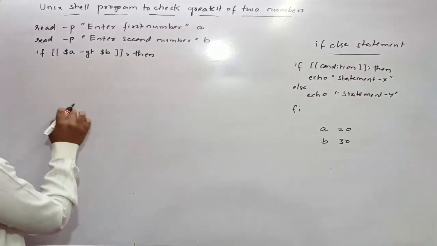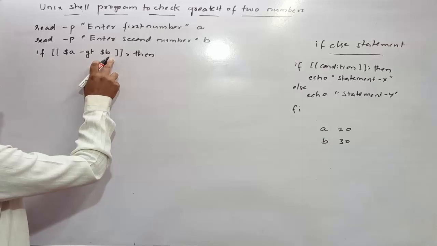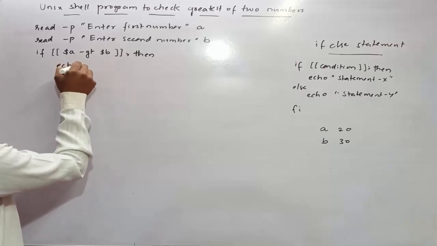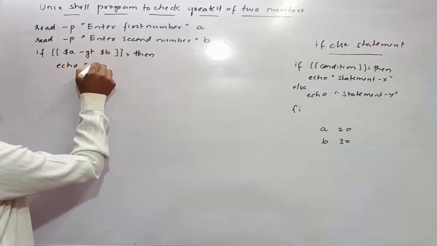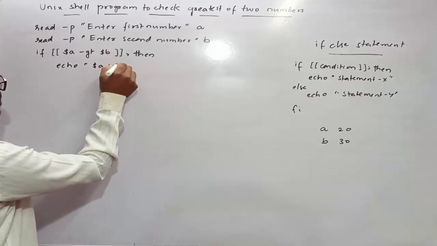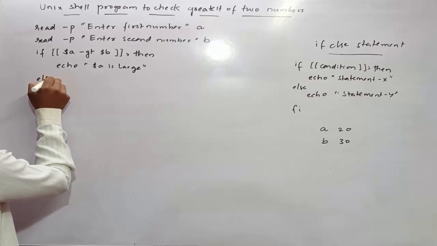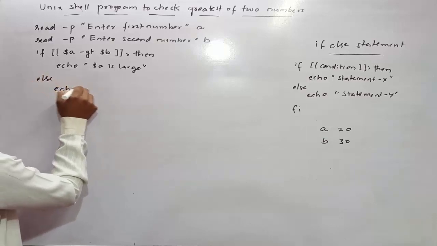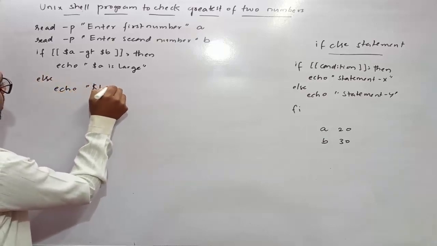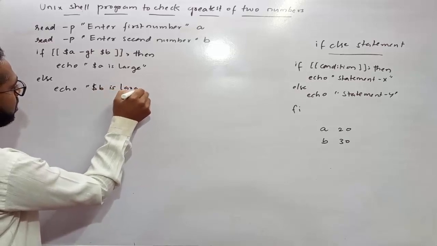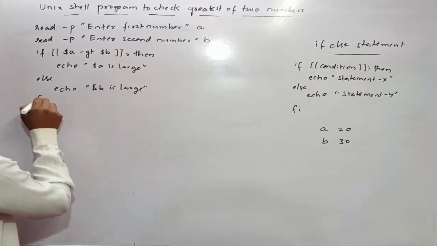Okay, if this condition becomes true, that means if a is greater than b, then echo "$a is large", else echo "$b is large", and then fi.